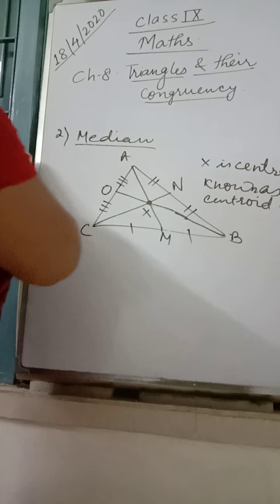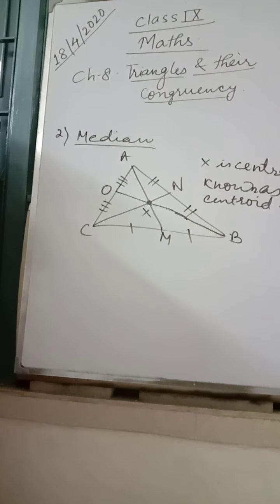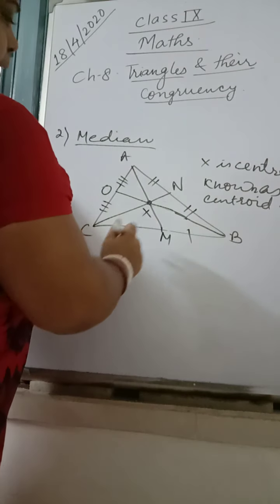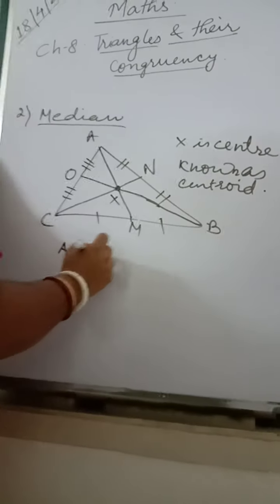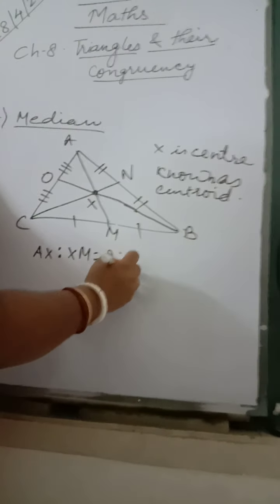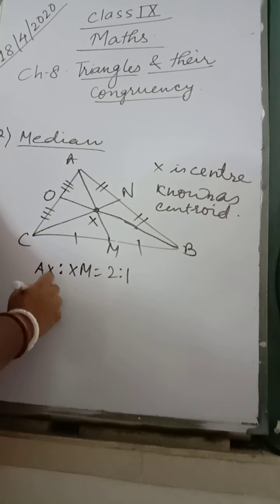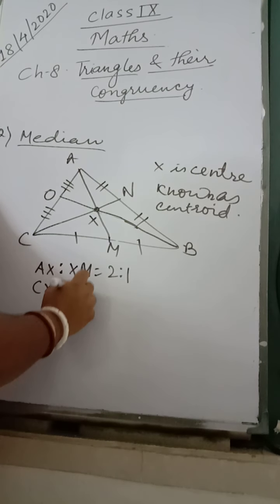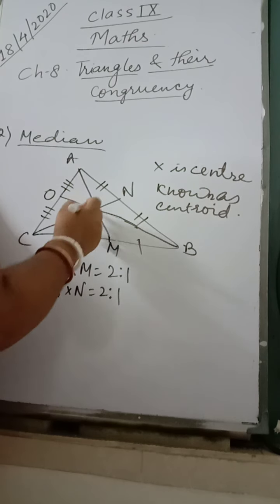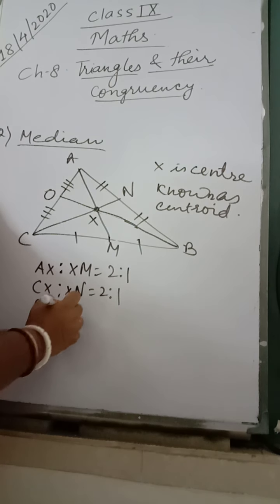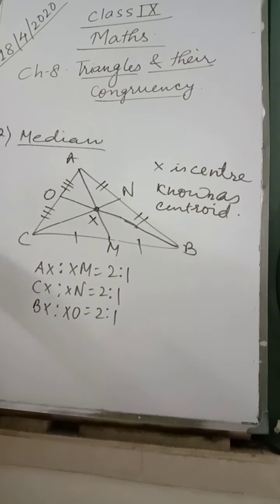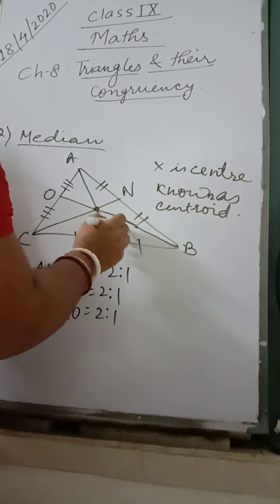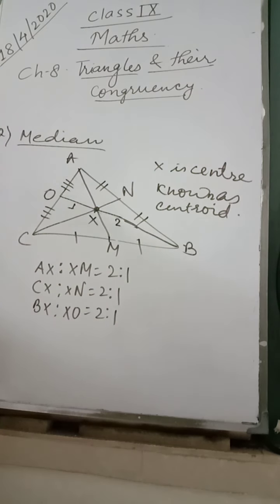Thus X is the centroid. So AX is to XM is equal to 2:1. CX is to XN is 2:1. BX is to XO is 2:1. All the medians are divided in the ratio of 2:1 at the centroid.